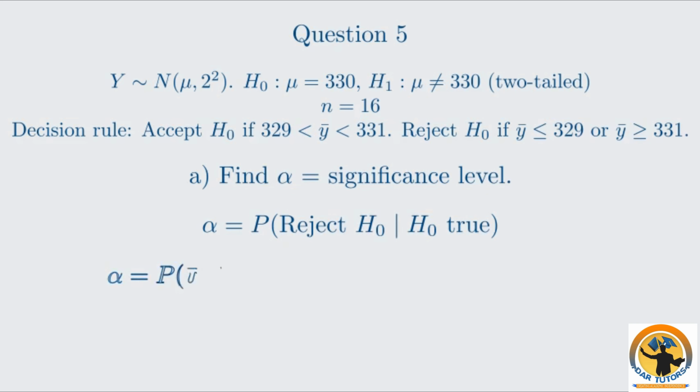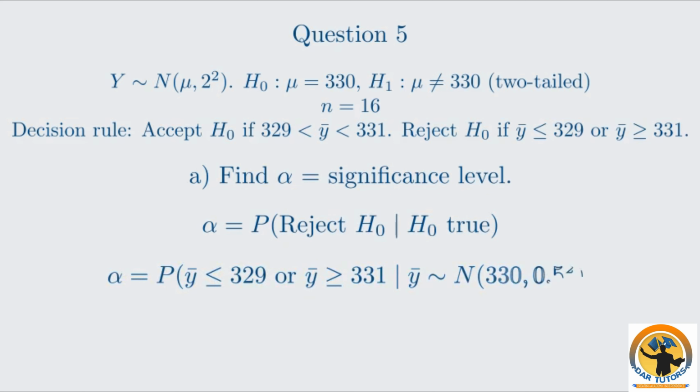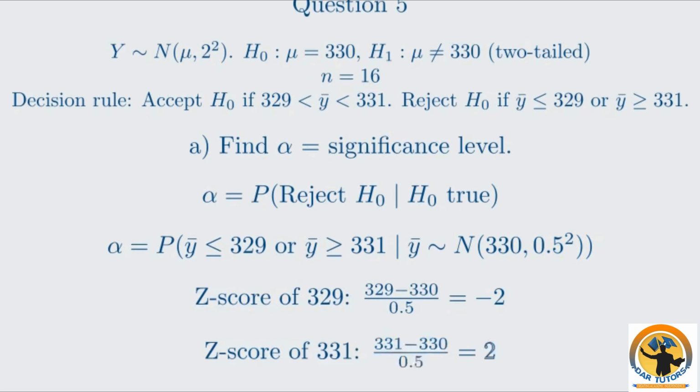Part A asks for the significance level alpha. This is the probability of rejecting H naught when it's true. The standard error is sigma divided by root n, which is 2 over 4, or 0.5. Under H naught, the sample mean Y bar follows a normal distribution N(330, 0.5 squared). We find the z-scores for our critical values.